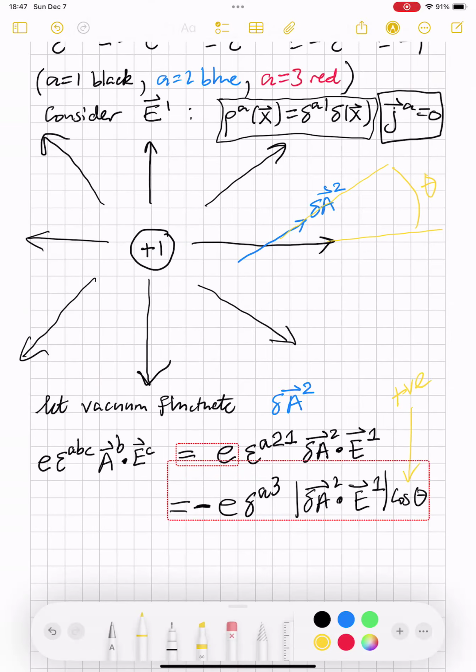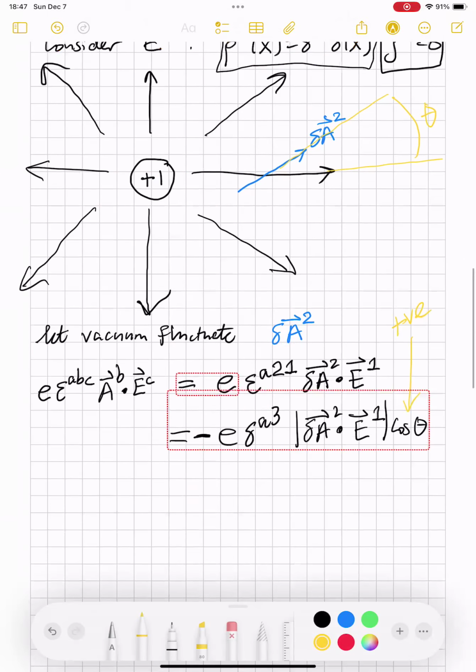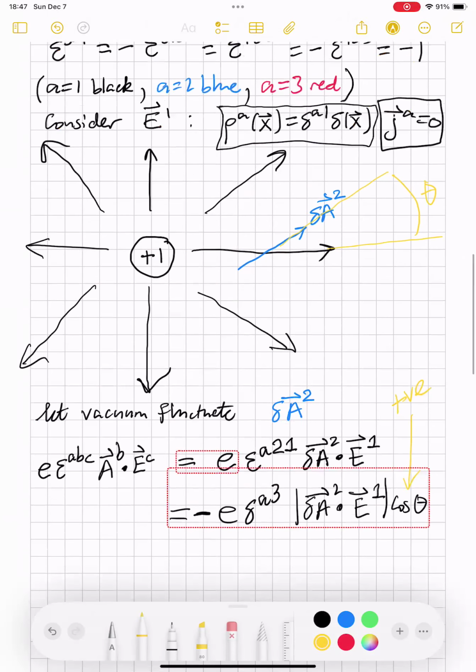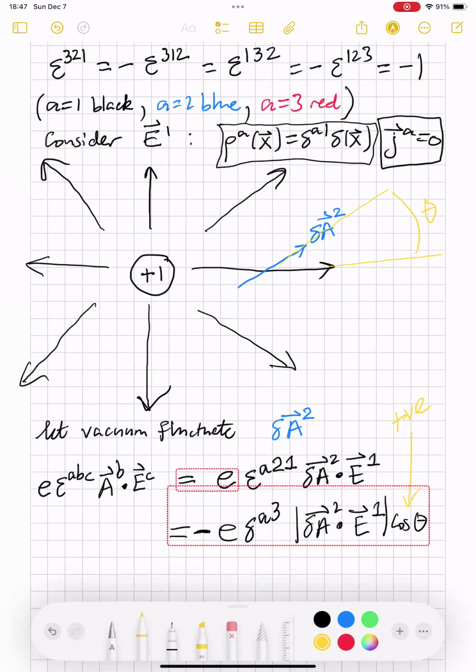So what do we have now? It looks like we've got a negative type 3 charge sitting where this blue A field line and the black E field line are interacting. Now what we'll do next is calculate what this negative source of the 3 field does.